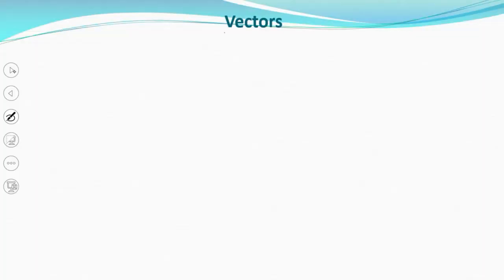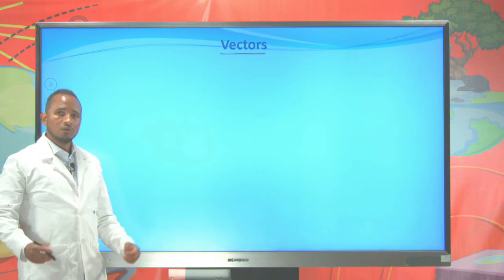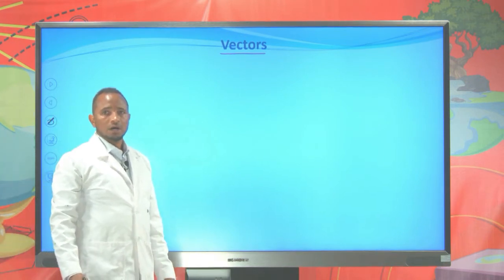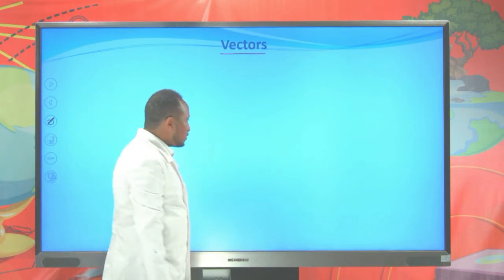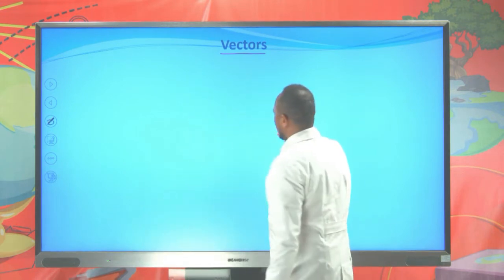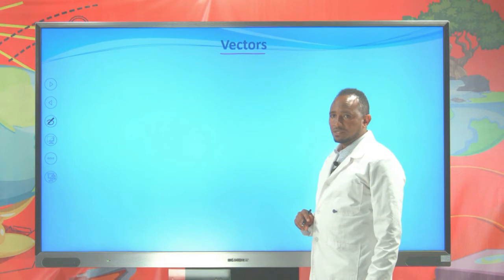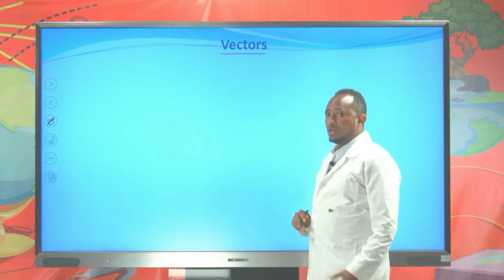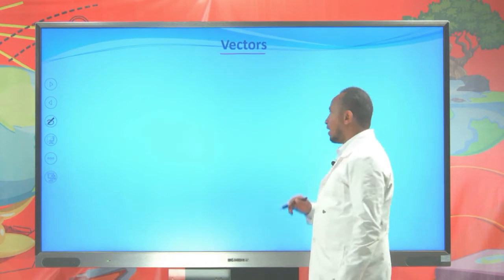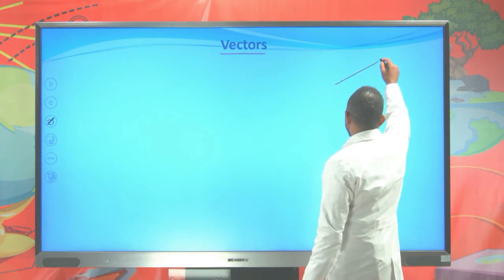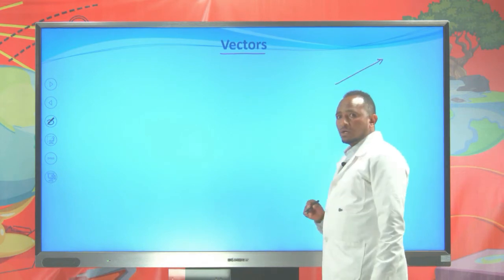Let's see about vectors starting from lower grade. As you know, vectors are quantities that have both magnitude and direction, and they are represented by an arrow.